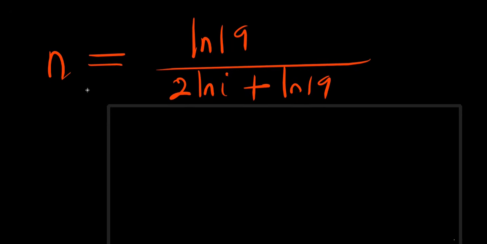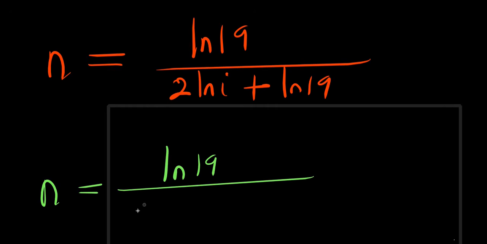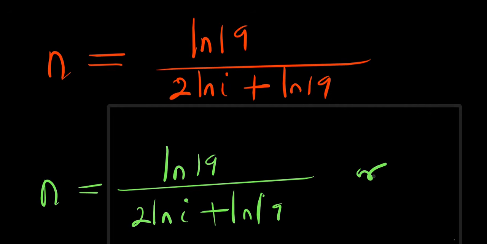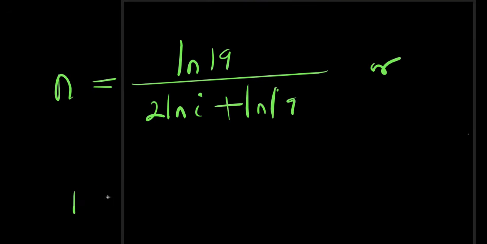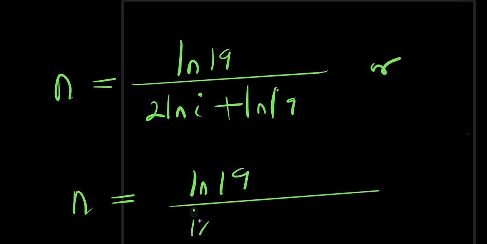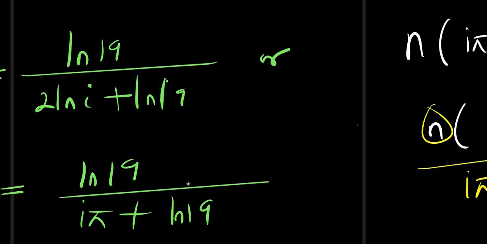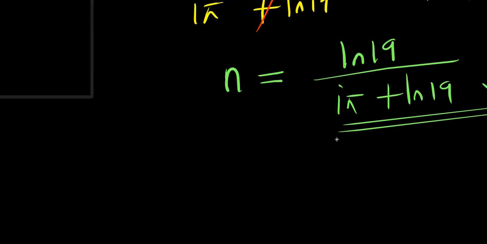So we have two valid solutions right now. We have n equals natural log of 19 divided by 2 times natural log of I plus natural log of 19. Or we also have n equals natural log of 19 divided by I times pi plus natural log of 19.